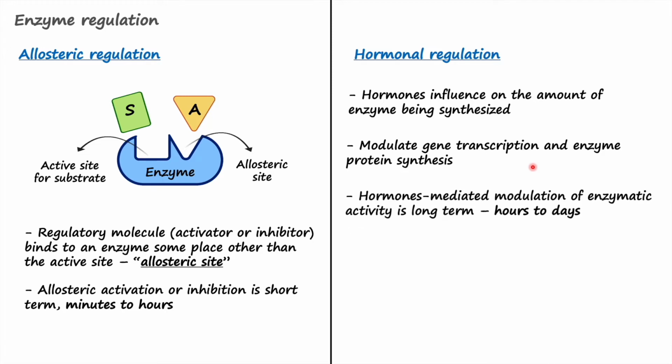And most importantly, depending on the nutrient condition of the cell, hormone mediated modulation of enzymatic activity is long term, which could last from hours to days. So now we know the two important mechanisms of enzymatic regulation, that is allosteric regulation and hormonal regulation.